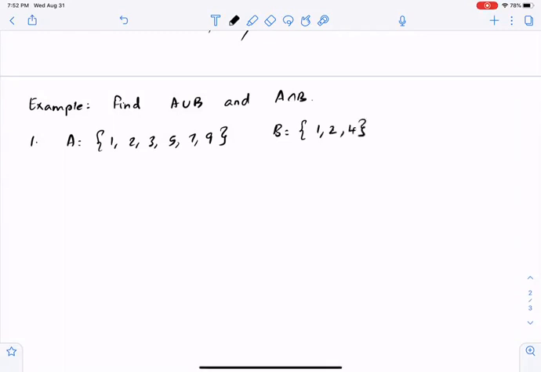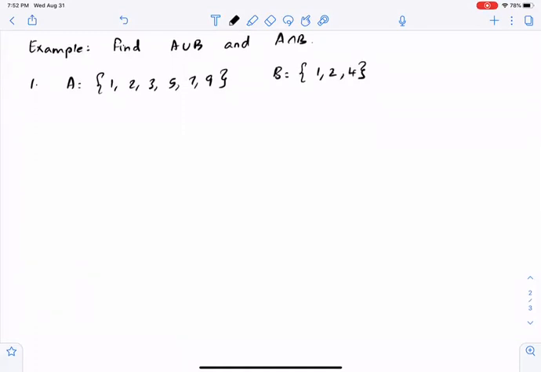So here I would like to find the intersection and union between two sets A and B. I'm not going for the complement yet because anytime we have complements, I've got to come up with the universal set also. So A union B would contain all the elements that are common to both sets. Sorry, that's intersection.